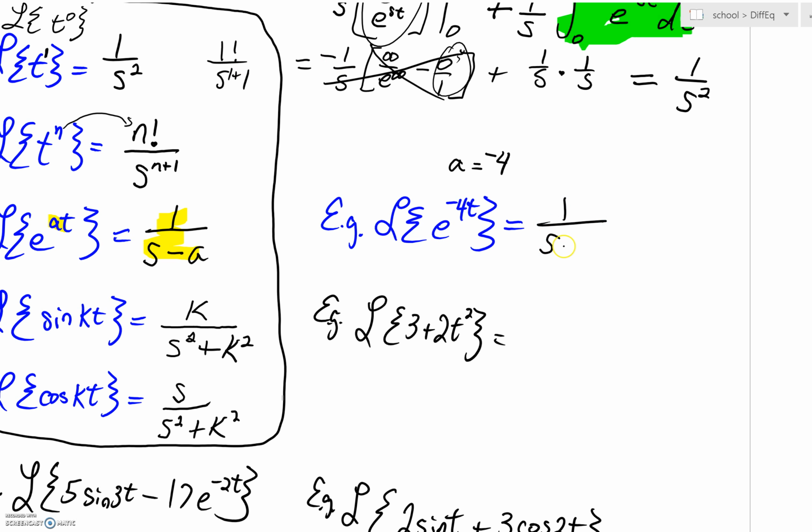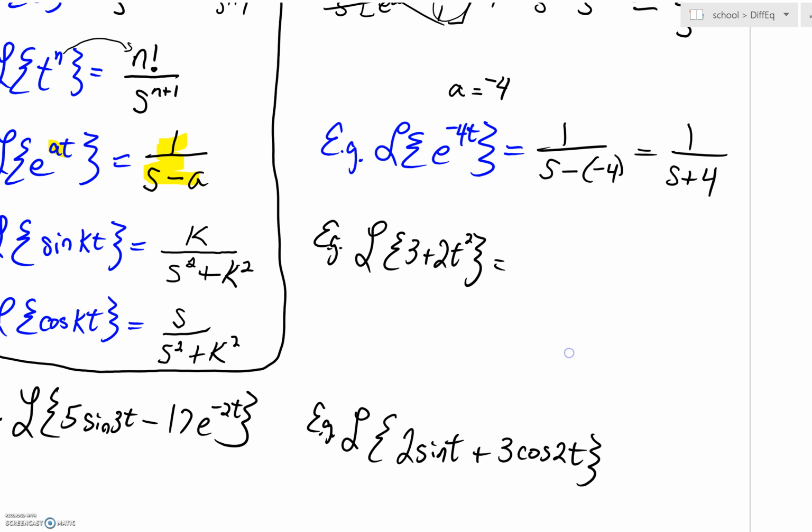You'd say that's 1 over s minus negative 4. That's 1 over s plus 4. And you're done.